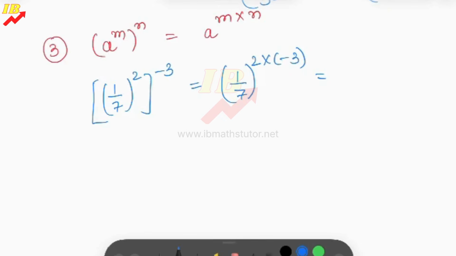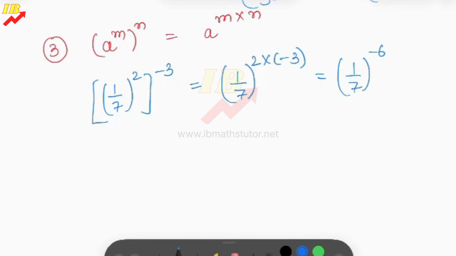So that means it is 1 over 7 to the power negative 6. You can leave your answer here. I'll later on tell you how to make the positive indices or the negative indices. That is going to be after a few laws, we'll learn about this as well.